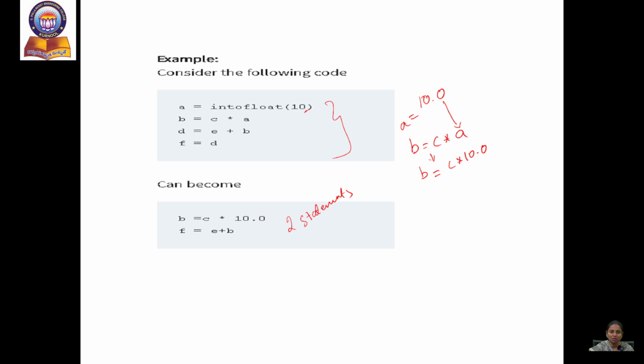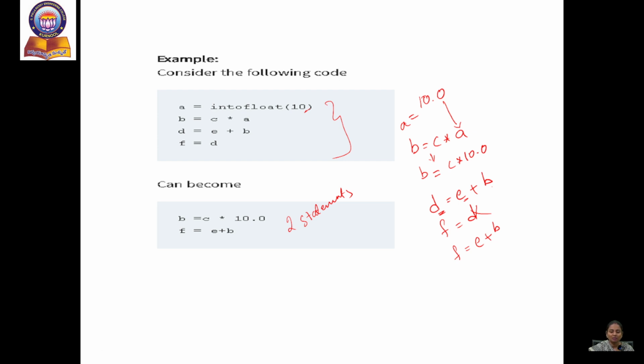So by this we are reducing one statement, and you can see here d is equal to e plus b and f is equal to d. So d is holding the value which is calculated after e plus b. Again d is being assigned into f. So we can directly write f is equal to e plus b. So we can remove d here, since d is unnecessarily written twice.